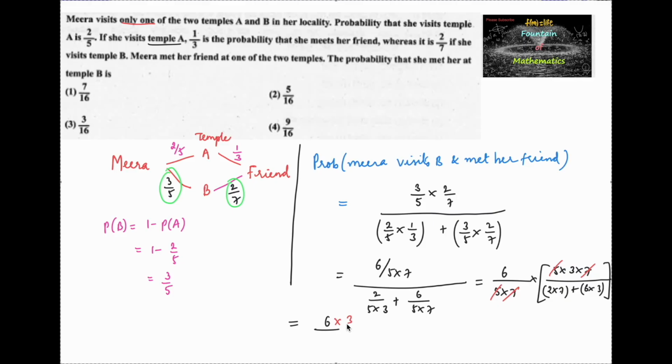So 6 into 3 divided by 2 sevens are 14 plus 18, which is 32. So again 2 threes and 2 sixteens, 3 into 3, 9 upon 16. So 9 by 16 is the probability that Meera meets her friend at temple B. That is 9 by 16, option 4.